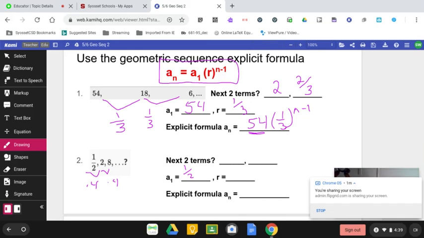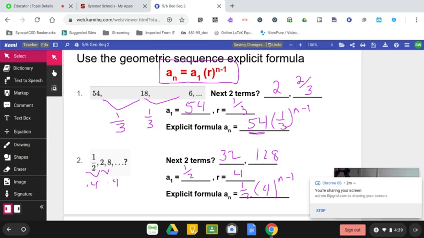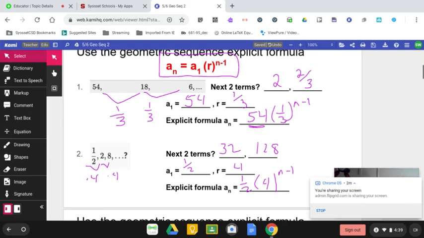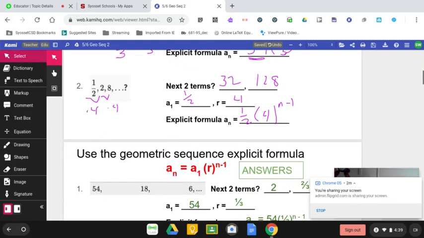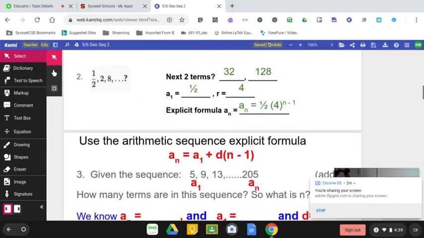So the next two terms would be 8 times 4, which would be 32, and 32 times 4, which would be 128. Again, the ratio is 4. The explicit formula would be the first term, 1/2, times the common ratio of 4 to the n minus 1 power, because we're using the first term and not the y-intercept.